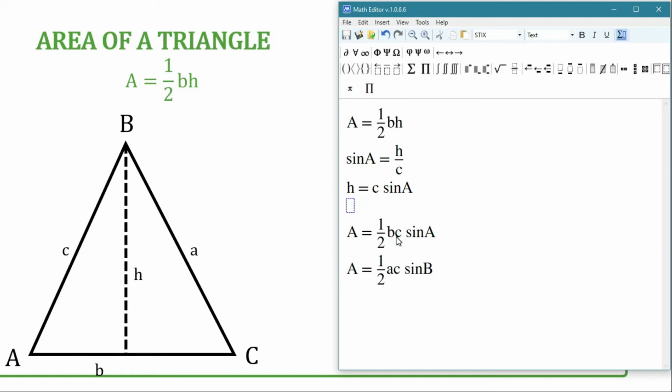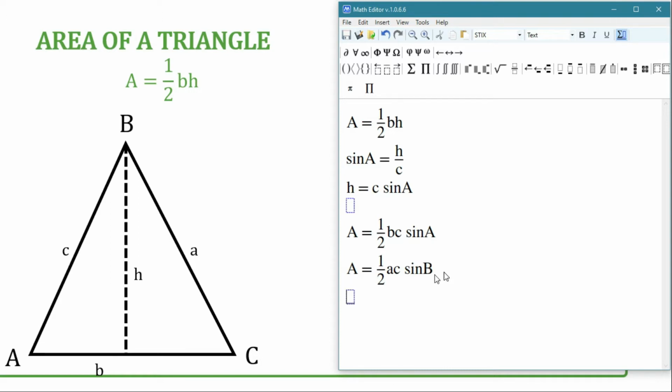Okay, if you would notice, these two sides here are two sides of a triangle, and the angle that we are pertaining to in a particular formula is actually the included angle. So this formula can be applied when we are given two sides and an included angle.